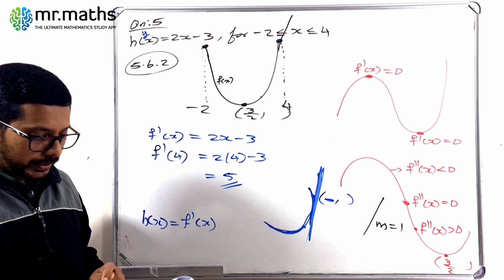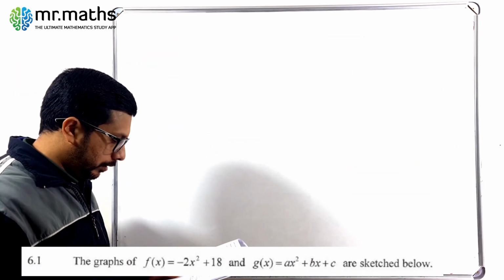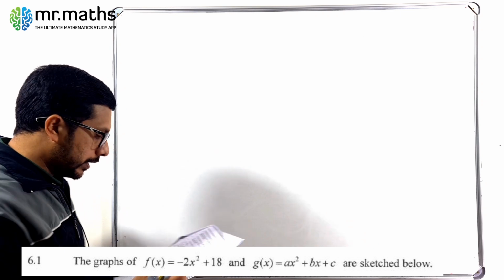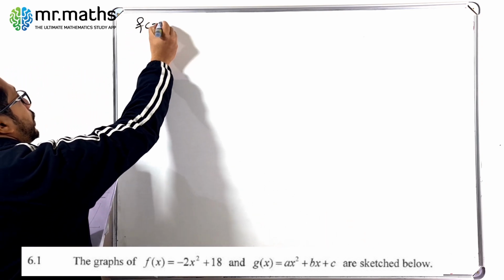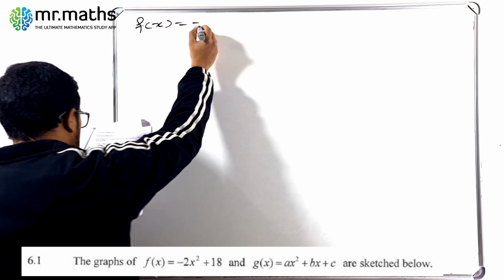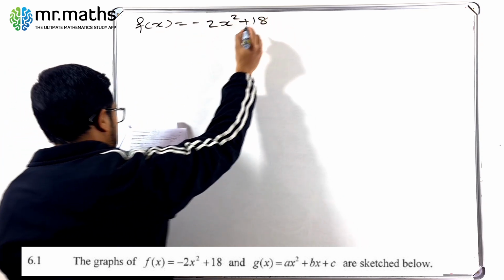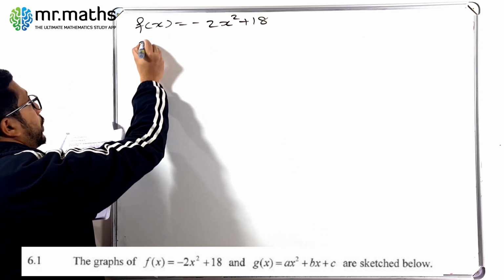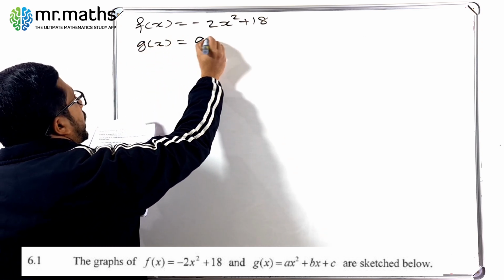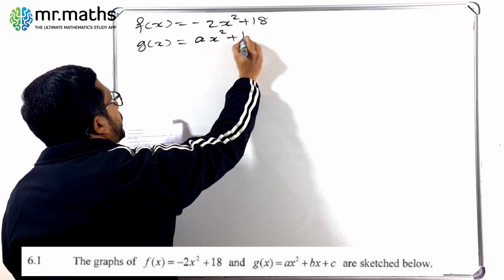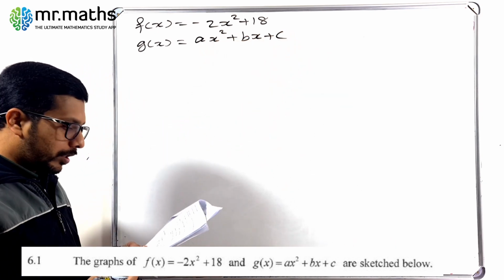Next, question number 6. Okay, question number 6. The graph of f of x is equal to minus 2x square plus 18. So there is a graph given, f of x is equal to minus 2x square plus 18, and another graph is given, g of x is equal to ax square plus bx plus c, as sketched below.